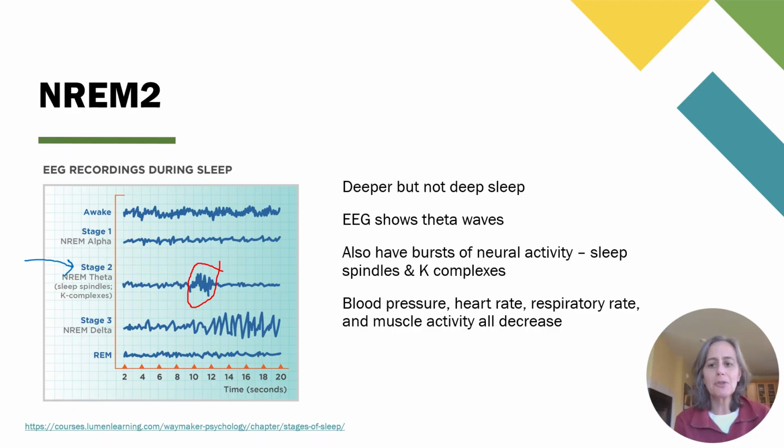So I think they're still working that out. Some of the theories are that it's your reticular activating system suppressing sensory information. Some are that it's actually part of memory encoding. So there's a lot of ideas out there about what's happening when we see those little bursts of neuronal activity.